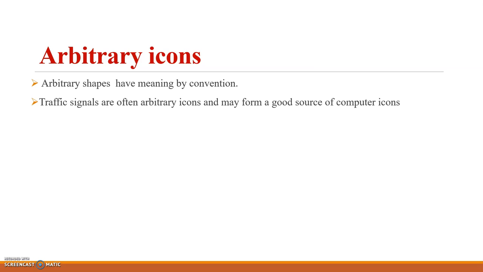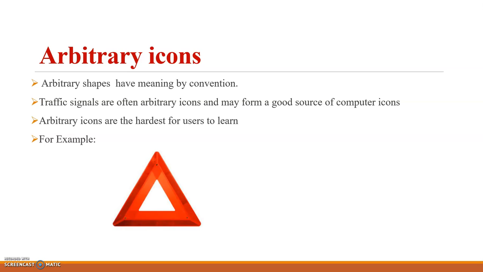The next type of icon is the arbitrary icon. Arbitrary shapes have meaning by convention. Traffic signals are often arbitrary icons and may form a good source of computer icons. Arbitrary icons are hardest for a user to learn.